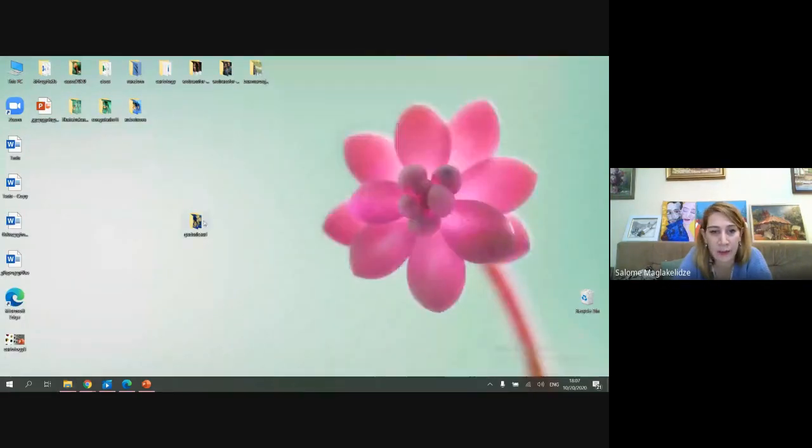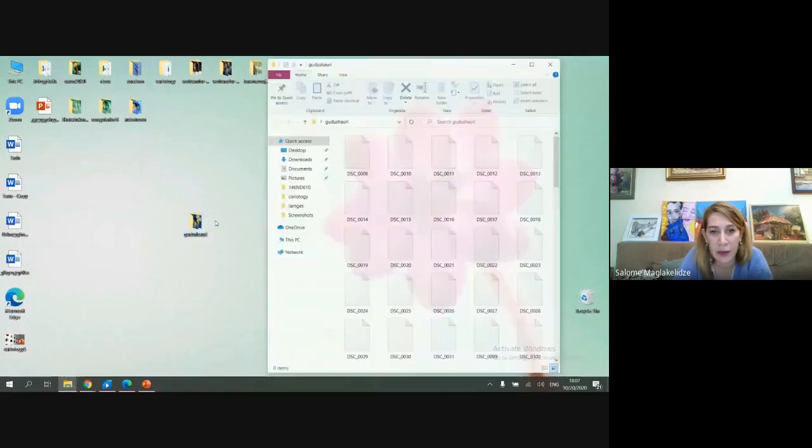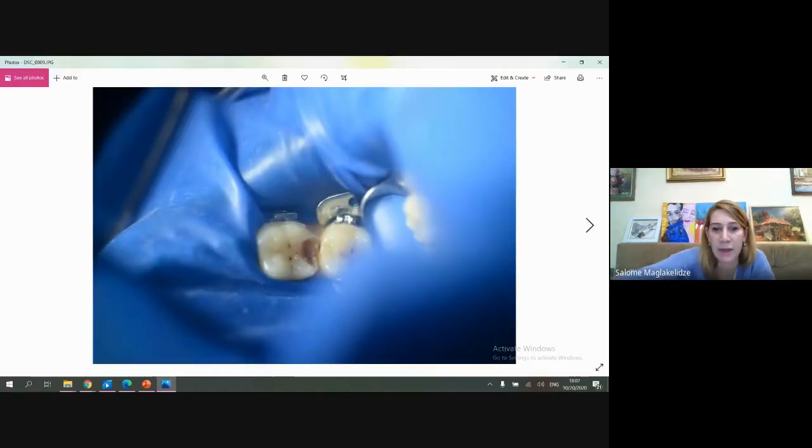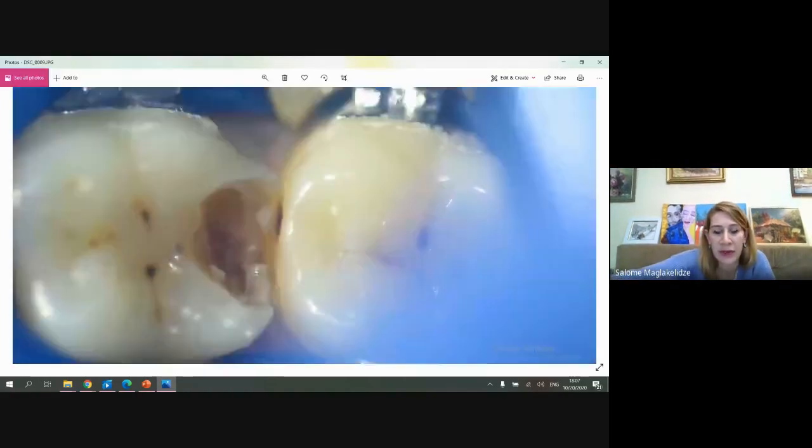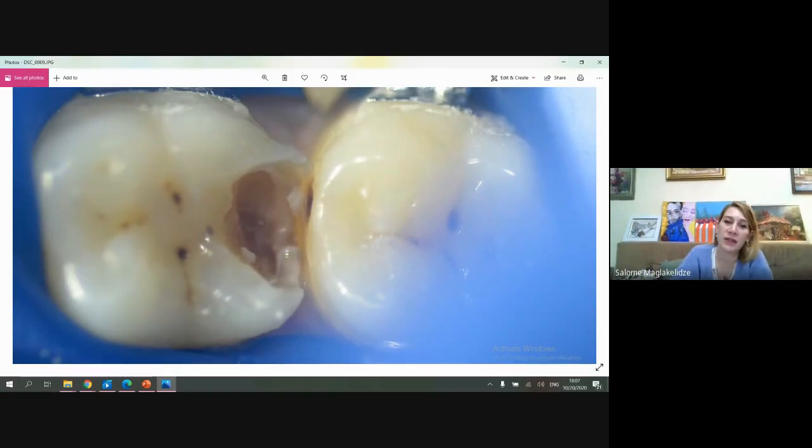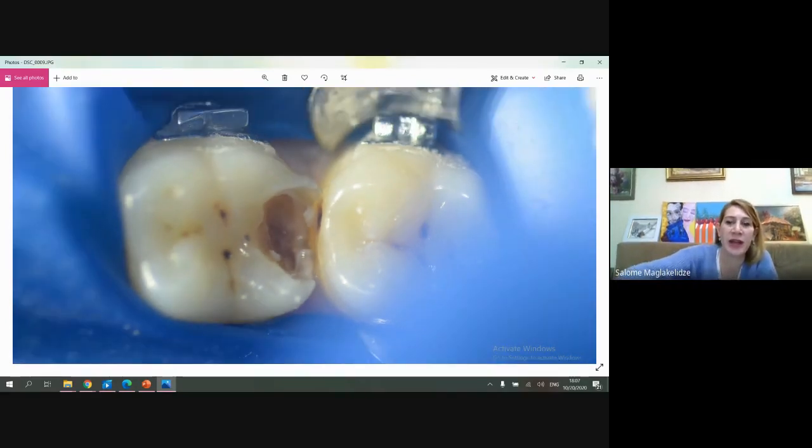So now I want to show you this. Now you can see here, this is the sixth tooth, and this is the distal contact of the sixth. And as you can see here, the patient has orthodontic braces.